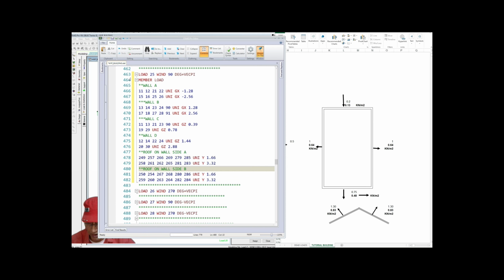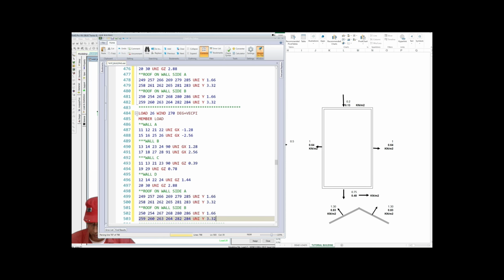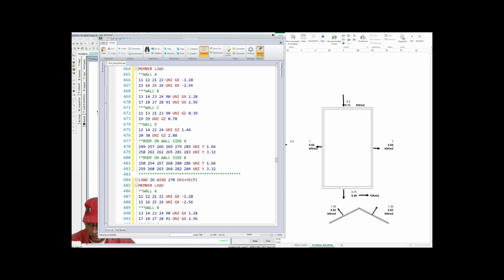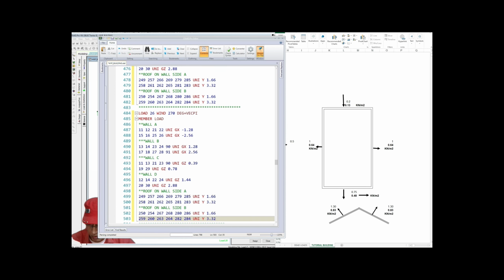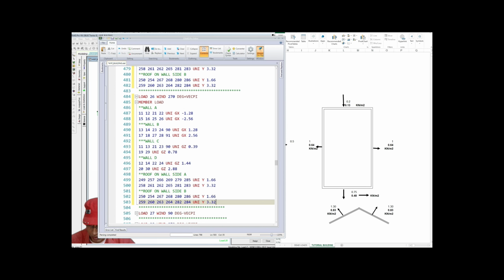Load case number 26 will be exactly opposite of this. Wall A and wall B remain the same. Wall C, now this becomes 1.44 but in negative direction, minus 1.44 and minus 2.88.